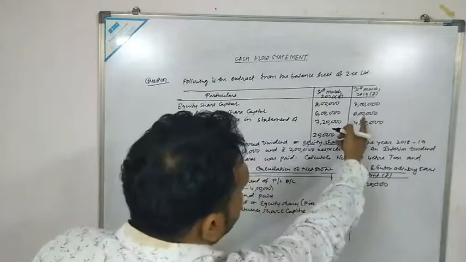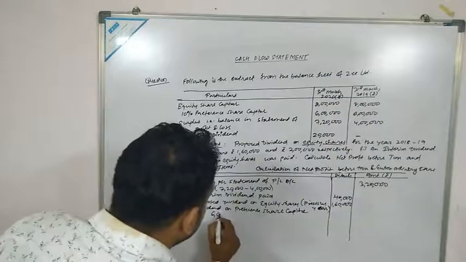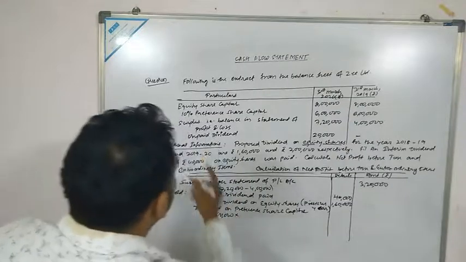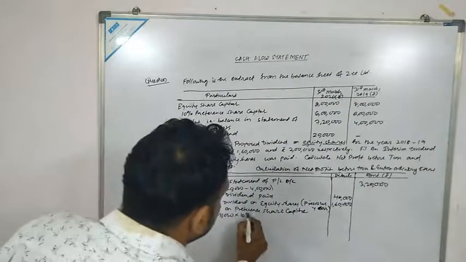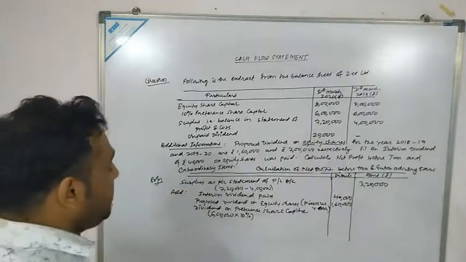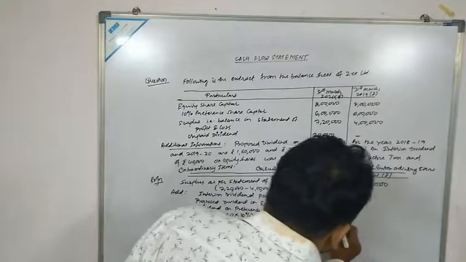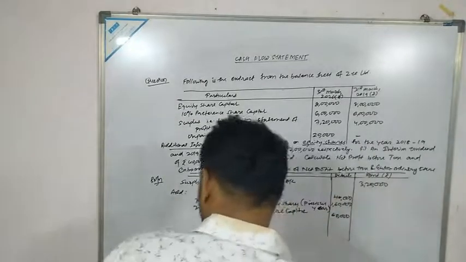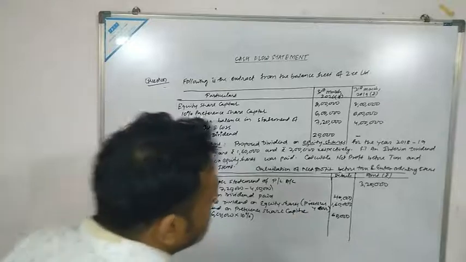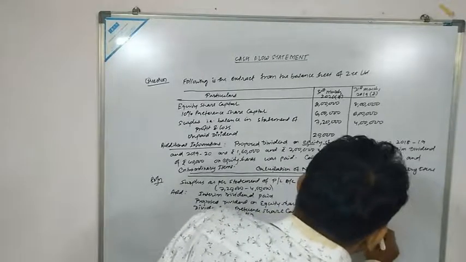And how much is the preference share capital? कितना था 19 में? 6 lakh. So that means 6 lakh into how much percent? 10%. इंक्रीज डिक्रीज हुआ नहीं है, मतलब 6 लाख पे ही कैलकुलेट करना है. सो 6 लाख का 10% कितना आएगा? 60,000. So this is your 60,000. Okay, so how much will be the total? Total is your 2,60,000.